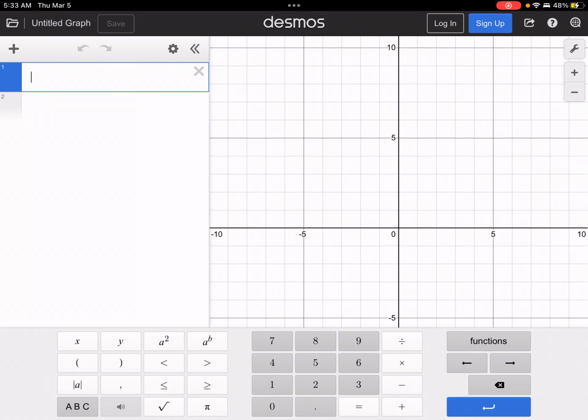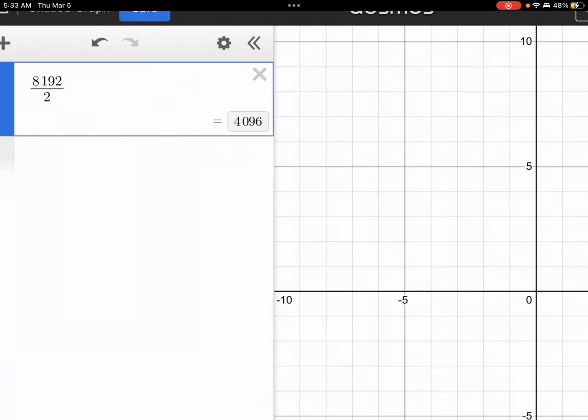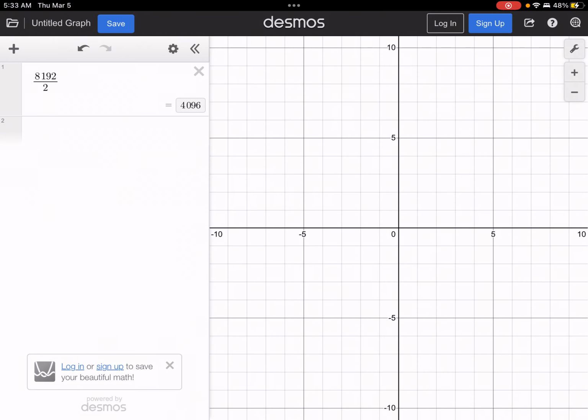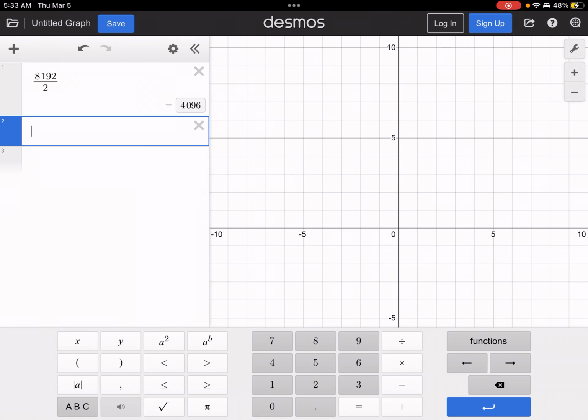Okay, I'm just going to make sure that we have the same numbers that we meant to have. So we had 8192, and I'm dividing it by 2 because that was my a. And then we have that 4096. And now I need 4096 to the power of 1/4.